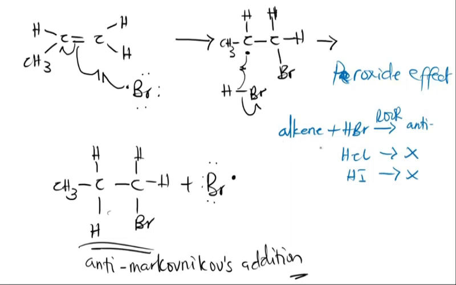Normally, if we don't add peroxide, this reaction will go via the Markovnikov addition, where the bromine will be added to the more substituted carbon. But because we have a peroxide over here, due to the peroxide effect, the bromine is added to the less substituted carbon instead of the more substituted carbon in hydrohalogenation.